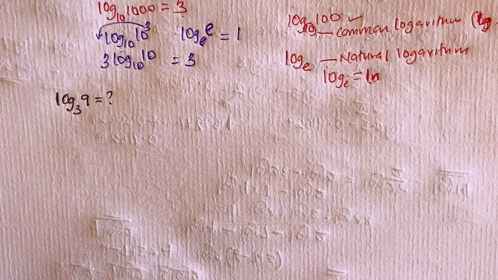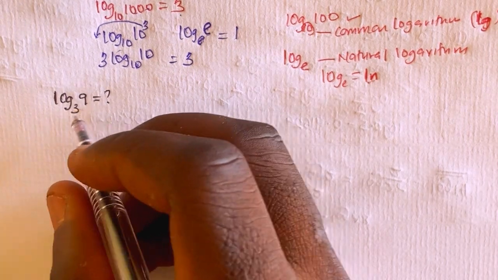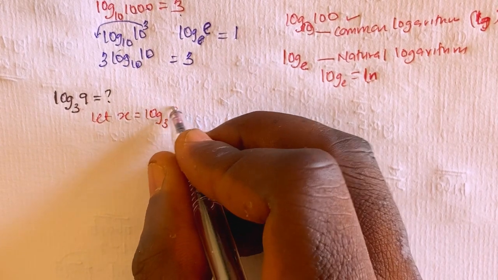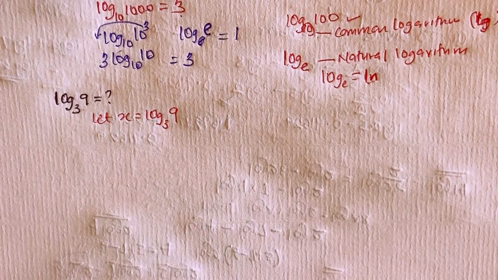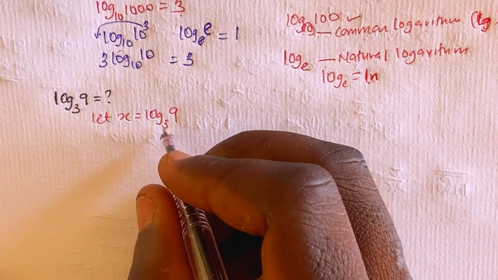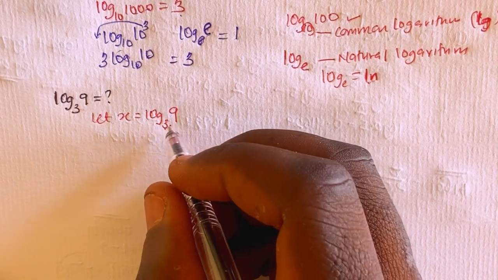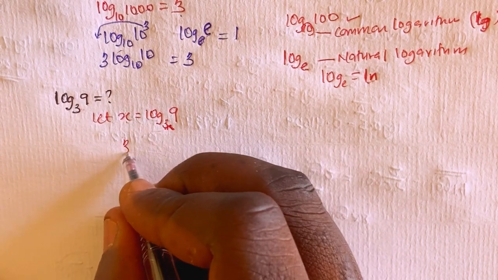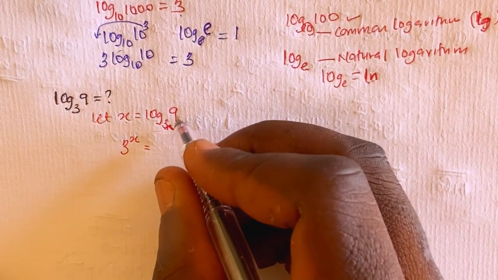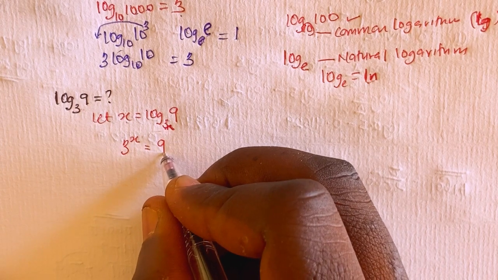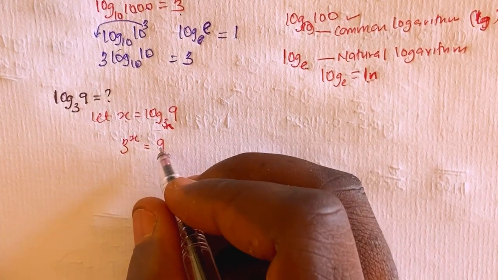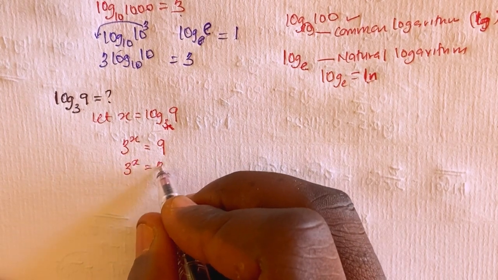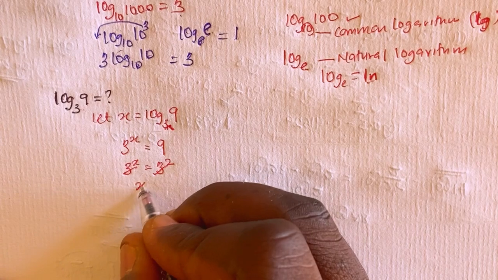You can just say let x equal log base 3 of 9. This 3 is the base of the expression, so you bring it here: 3 raised to the power x equals 9. You can express 9 as 3 squared. So 3 raised to the power x equals 3 raised to the power 2. Then the bases cancel, and x equals 2.